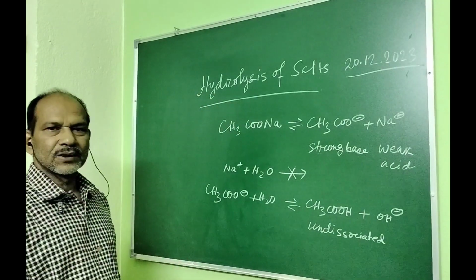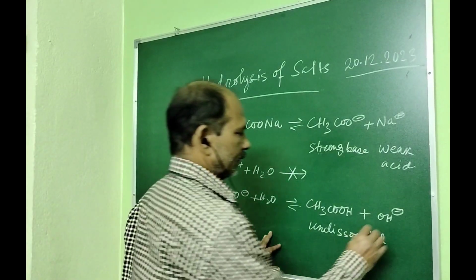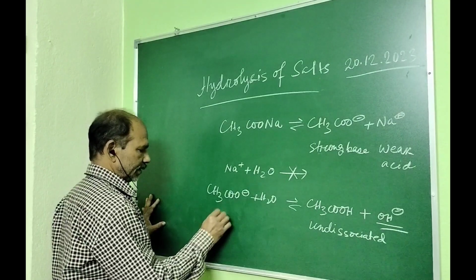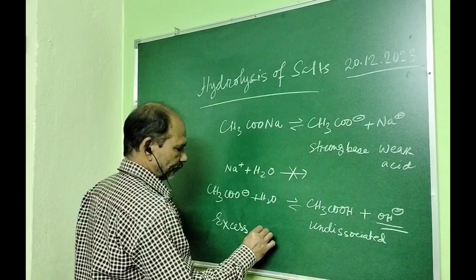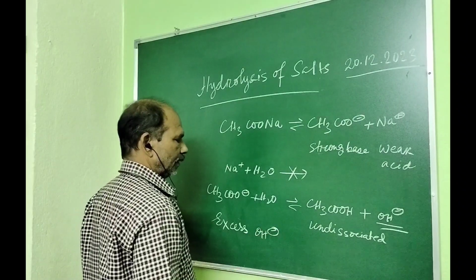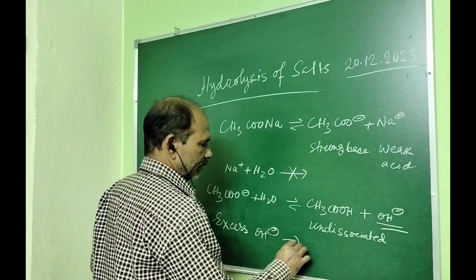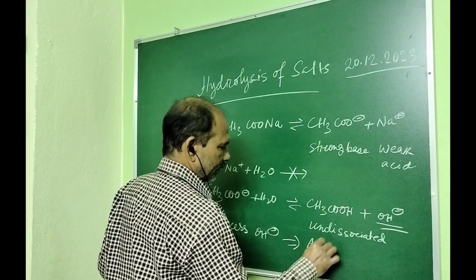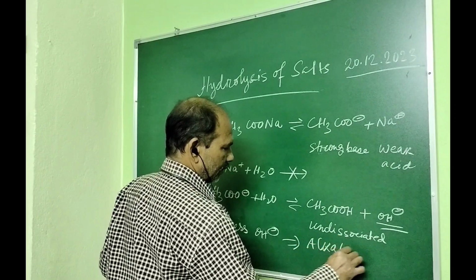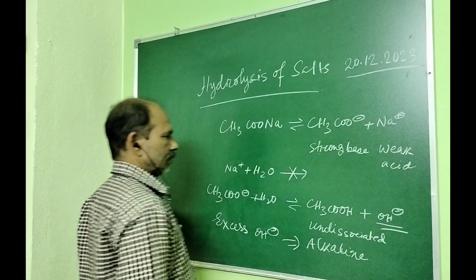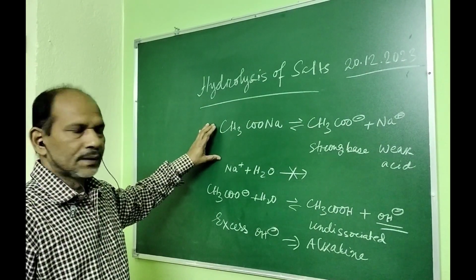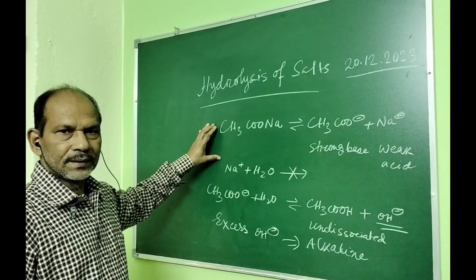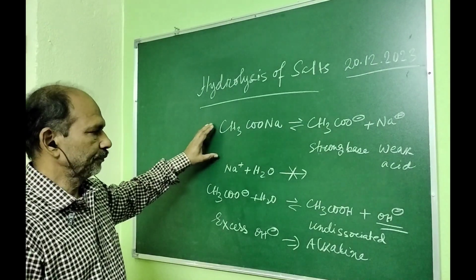So, due to the presence of excess OH minus in the aqueous solution, the solution becomes alkaline. So, this is the explanation for the hydrolysis of sodium acetate in aqueous medium.